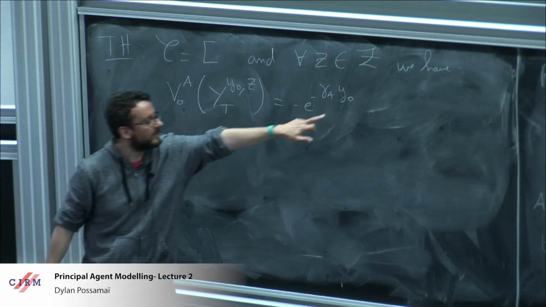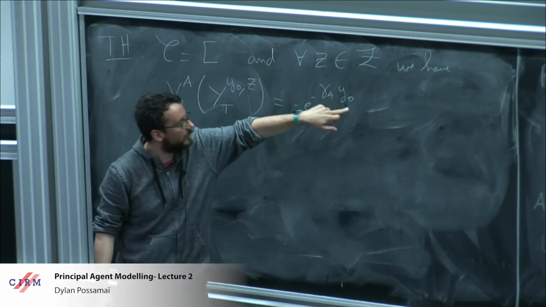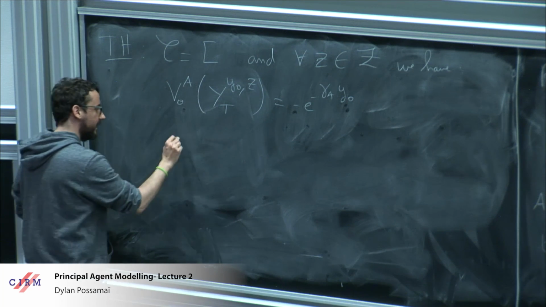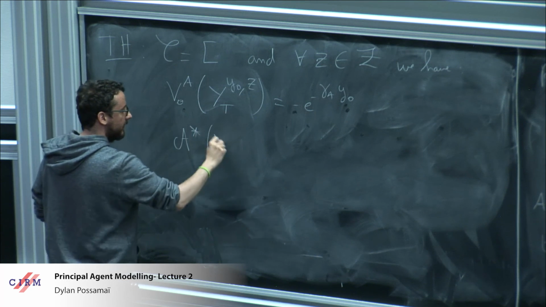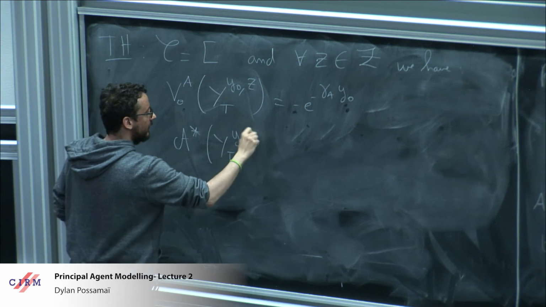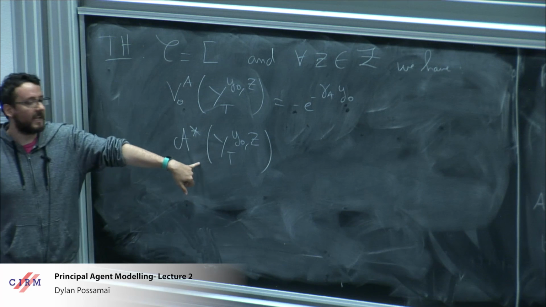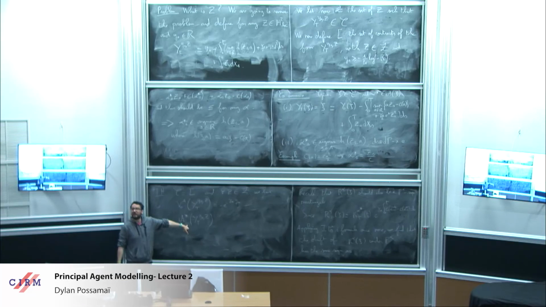So this is the certainty equivalent, so the utility is the utility of this. And I know exactly what the set of optimal controls for that contract is.